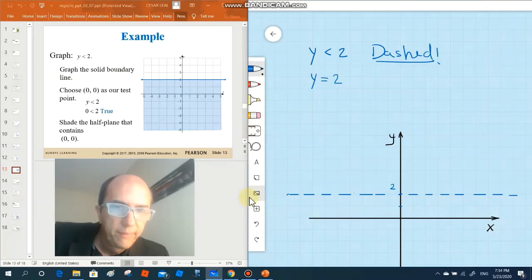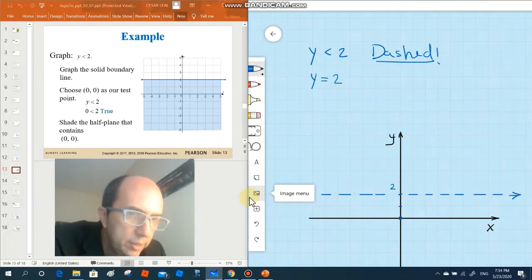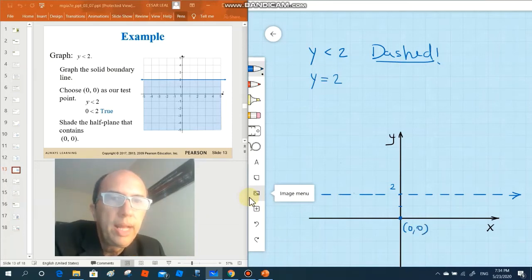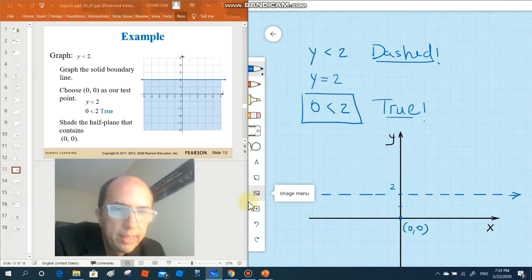Okay. All the way to infinity. Now choose the test point. Test point can be 0, 0. Yes, 0, 0 is not on the boundary. So plug in 0 here. 0 is less than 2. What do you think? True or false? True. Great.